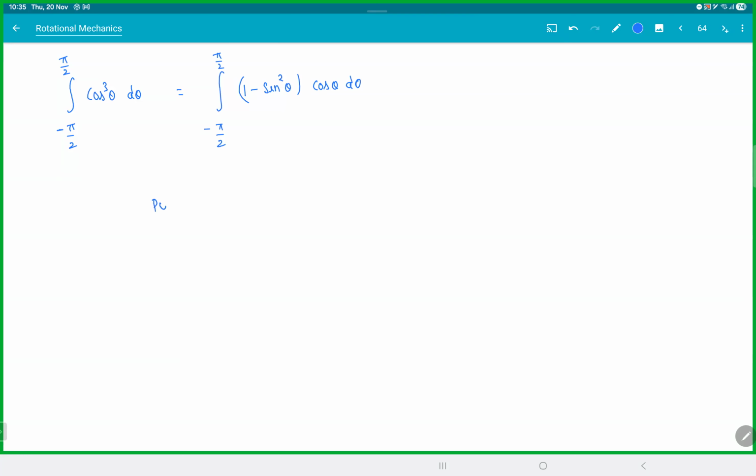So we put sine theta is equal to t. Differentiate on both sides. Cos theta d theta will be dt.